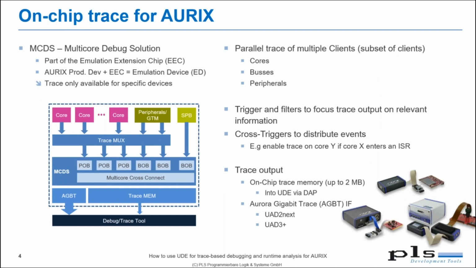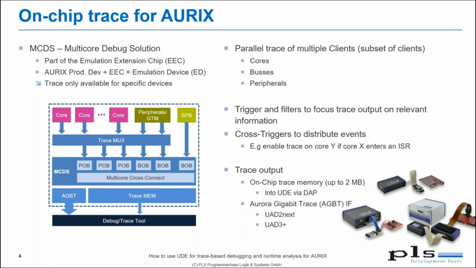So let's have a look at the trace system of the Aurix microcontroller from Infineon. This is called the MCDS, and this stands for multicore debug solution. MCDS is a part of the so-called emulation extension of the Aurix, which is an additional part, and it is not part of the production chip.